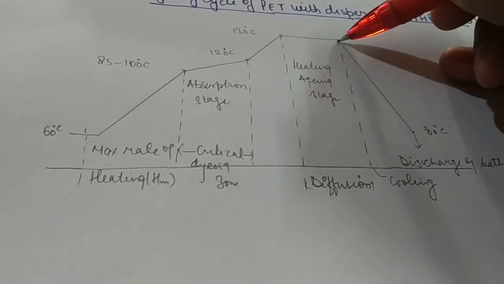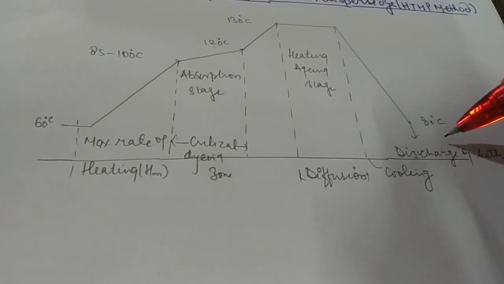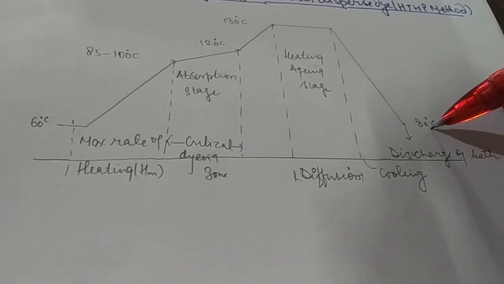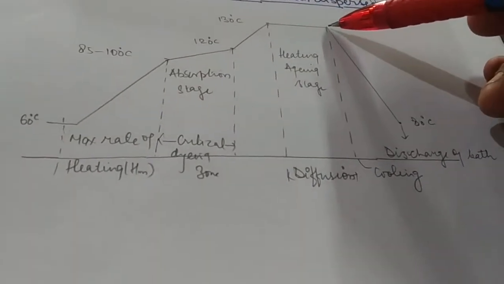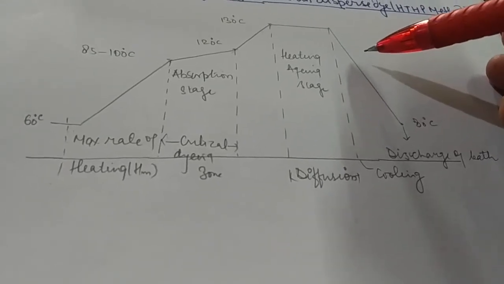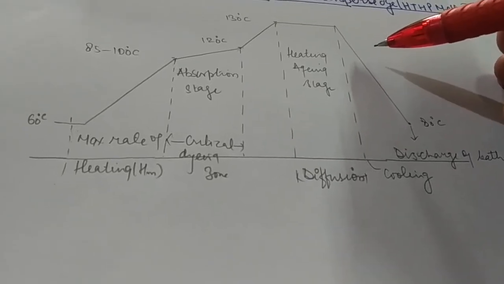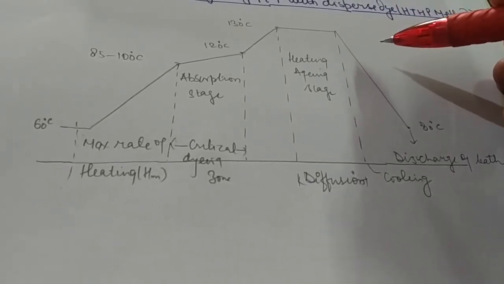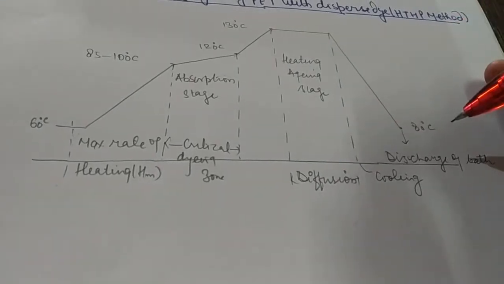After 130 degrees centigrade, we cool down the dye bath to 80 degrees centigrade, and then drain the dye bath. If your facility permits you to drain the dye bath at higher temperature, then it gives you an extra advantage: oligomer deposition is avoided if you drain the dye bath at high temperatures.